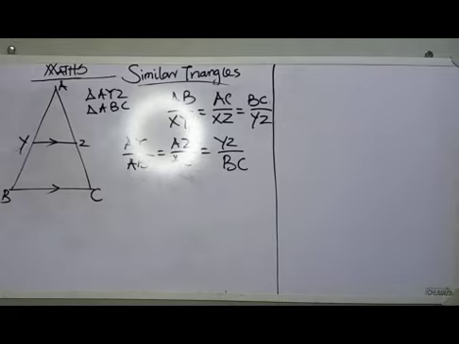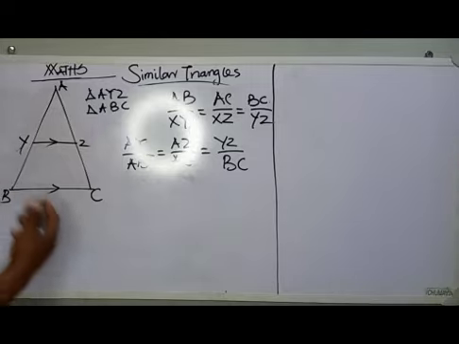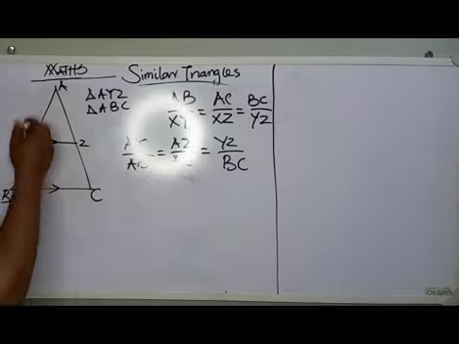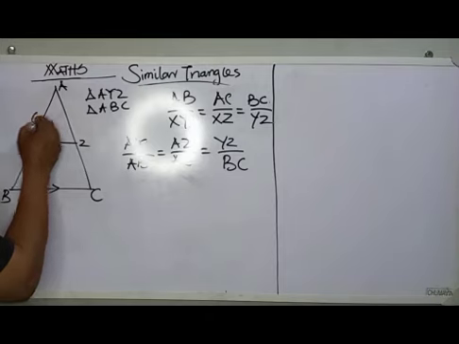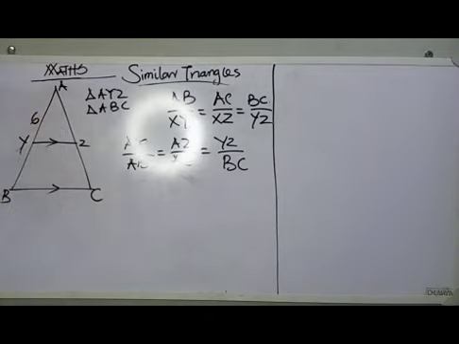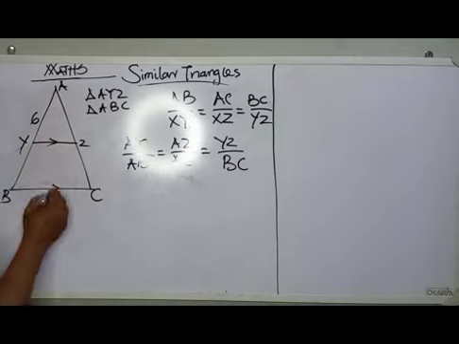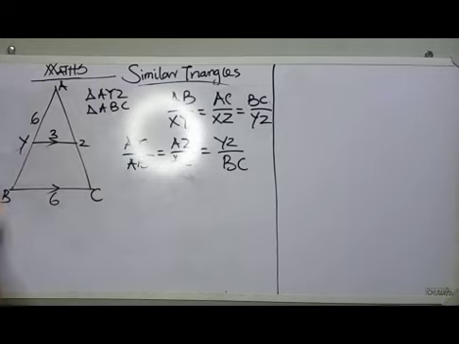All right, so good. So what if you're asked to find the sides, and maybe the side of this triangle was given as 6, and the side of this was given as 6, and this was given as 3, and you're expected to find x.